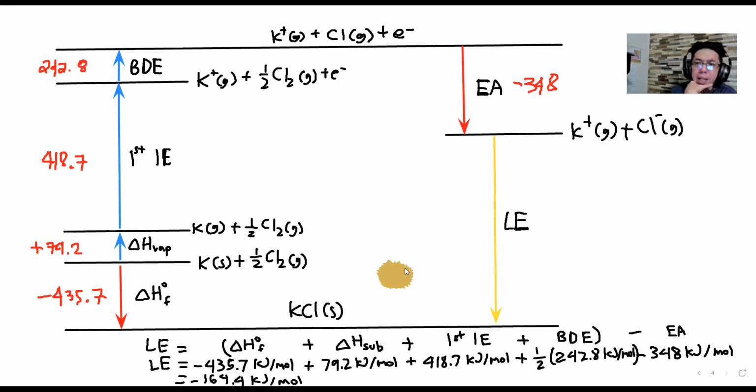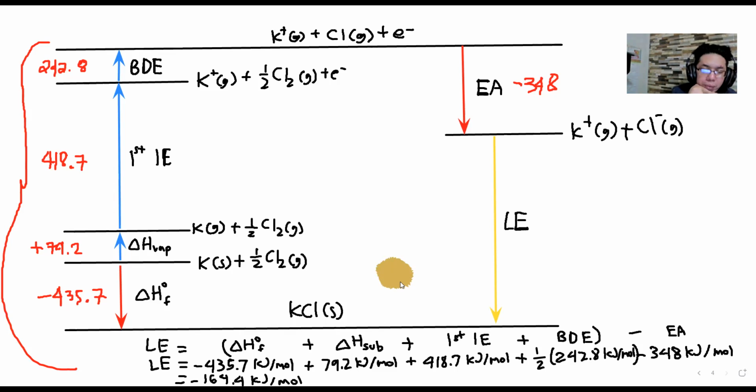okay, let's now discuss this one. So what must be the formula of your lattice energy? So your lattice energy must be the combination of this, correct? Tama ito, di ba? You need to combine this one and then subtract your EA, correct? Opo.